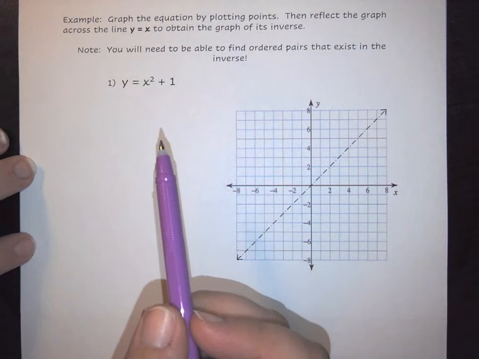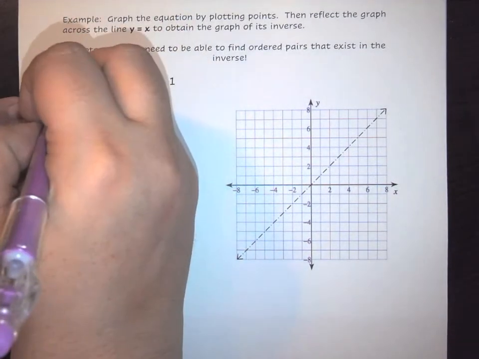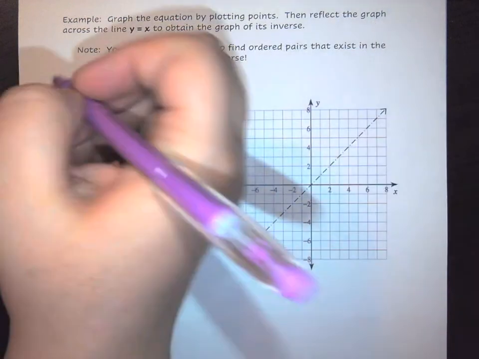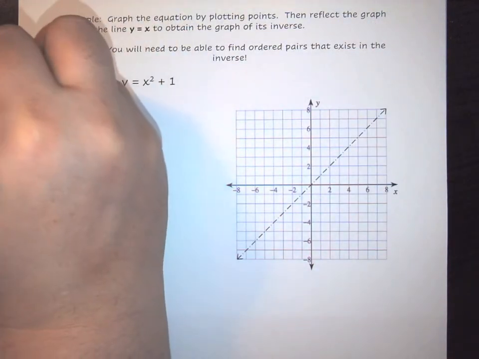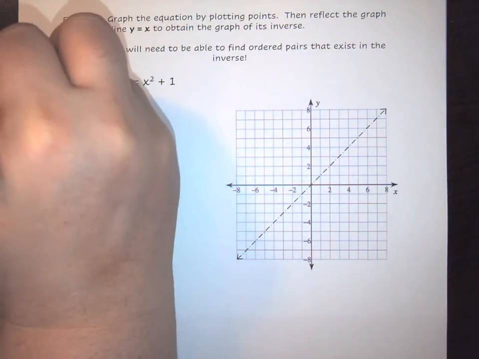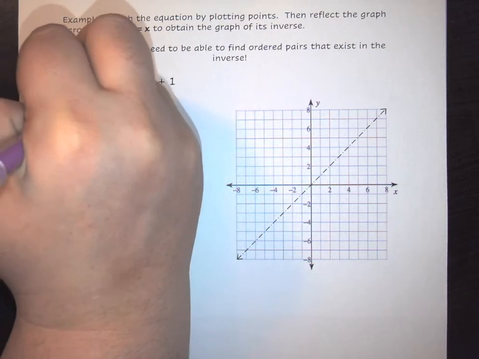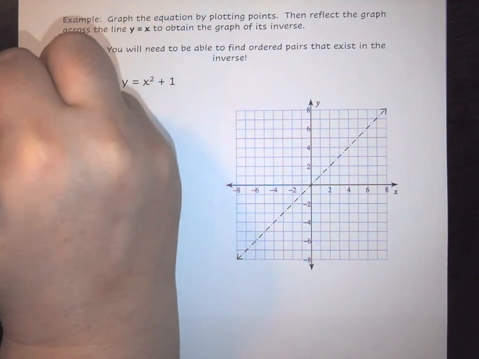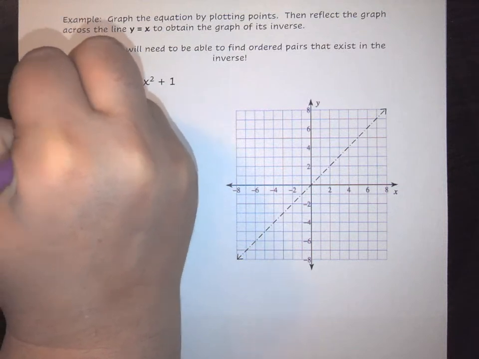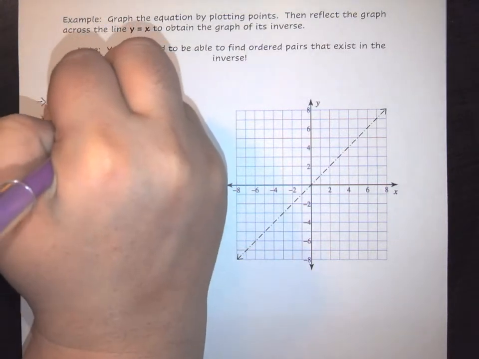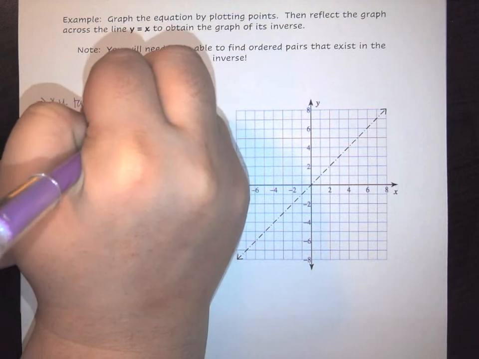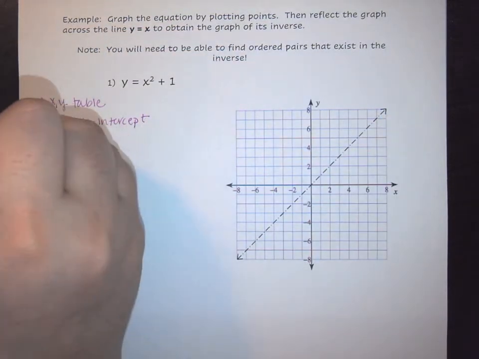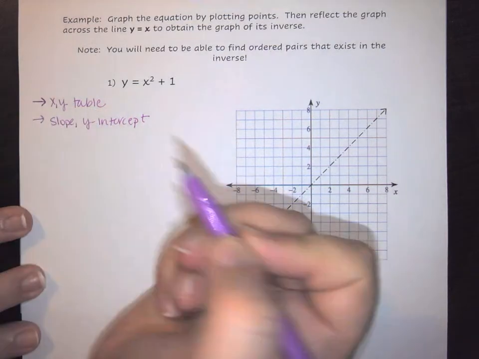The very first thing I would do is graph it, and you can graph any way necessary. A couple of ways to graph: you can make the xy table, or you can use your slope and y-intercept. Either of those methods is going to work perfectly fine to graph your original equation.